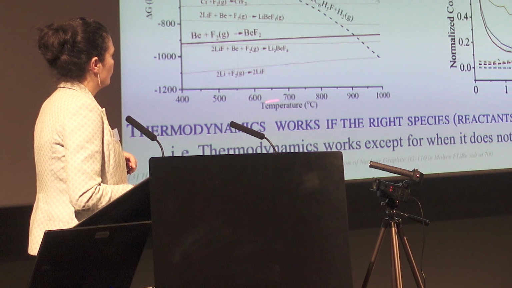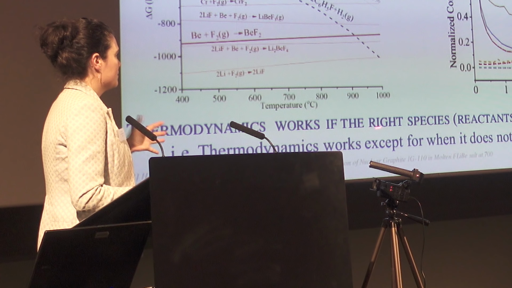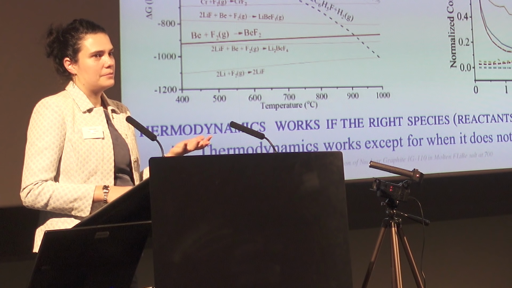This is an example of where thermodynamics works, but it is predicated on picking the right species, picking the right reactants and products. If we haven't imagined the right species, then thermodynamics isn't going to be sufficient.